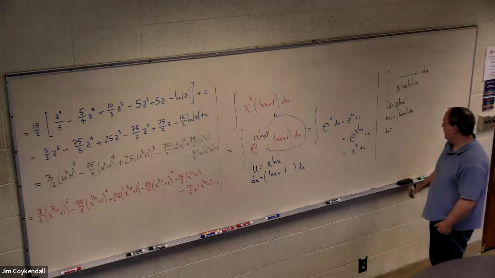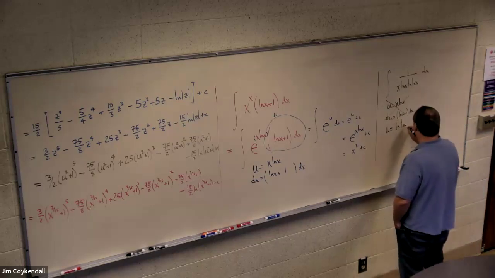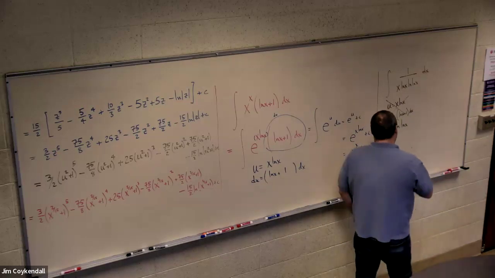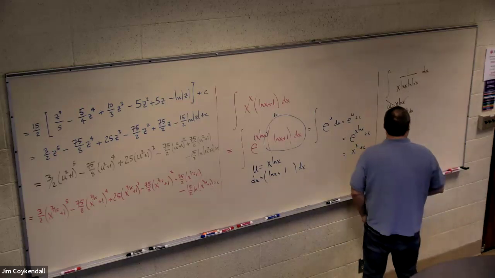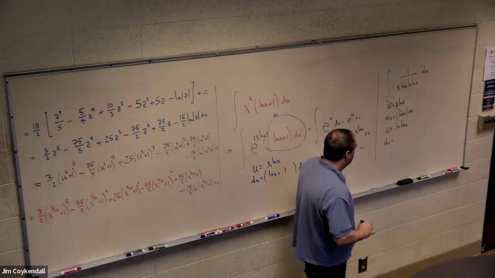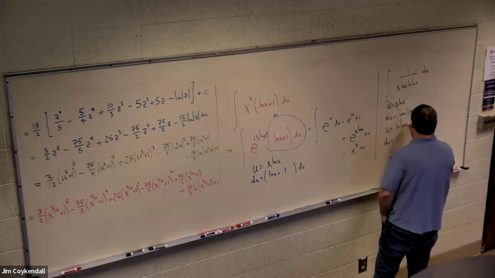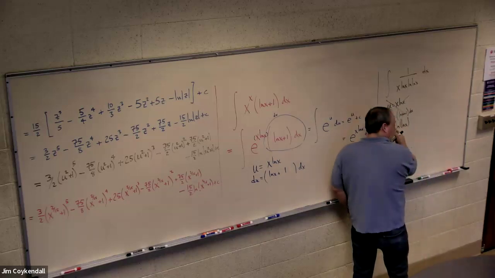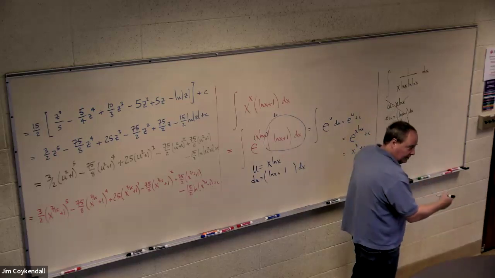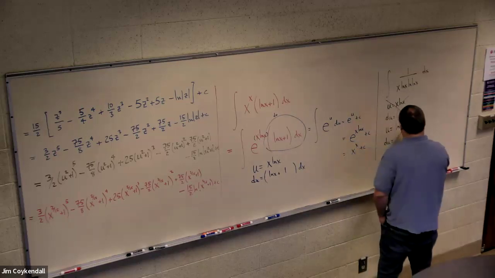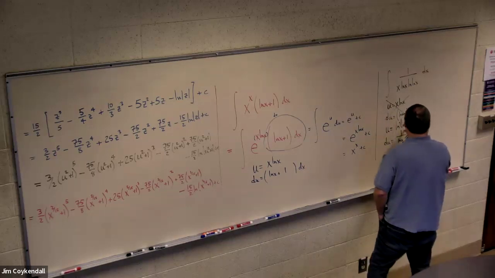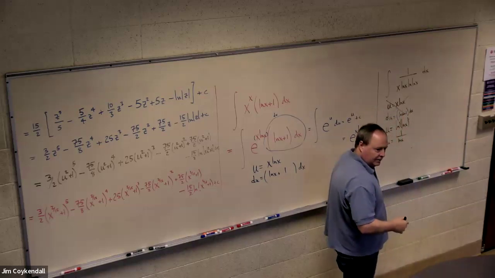Your idea is really good. What's the root of the inside? Well, it's changeable, right? So the first thing is to get rid of the outside. But I'm not done. I've got to multiply by the derivative of what's inside there. What's the derivative of log x?